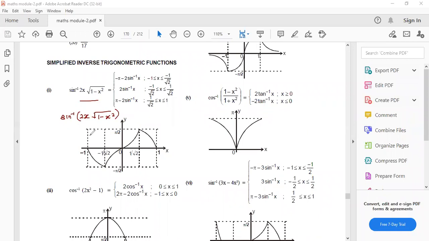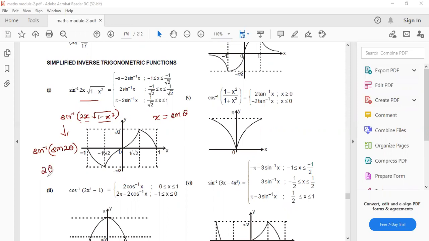So, simplified inverse function. Now you will notice one thing here: 2 into x into under root 1 minus x square. So if we simply put x equal to sine theta, will this be 2 sine theta cos theta? If you put x as sine theta, will this be 2 sine theta cos theta? So will that be sine 2 theta?